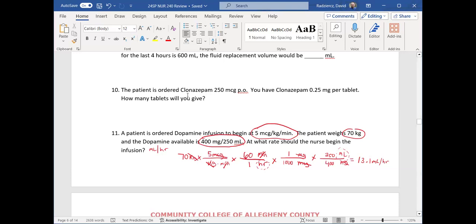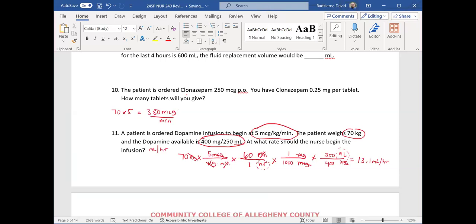But the way I've done this in the past is I would take the patient's weight, so we have the 70, and multiply it by the 5. Then I would have 350. And then you just need to make sure you know the units that you're in. And then I would just do it in steps.